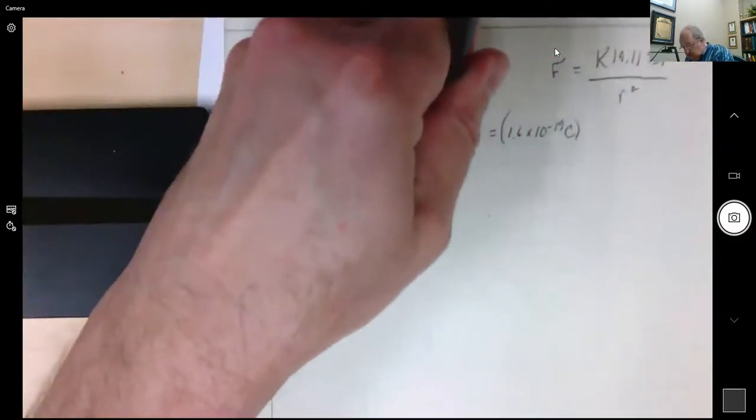Okay, so Q1 and Q2 are both 1.6 times 10 to the negative 19th coulombs. Okay, that's just the absolute value of those two. So we can say that Q1 absolute value equals Q2 absolute value equals that.